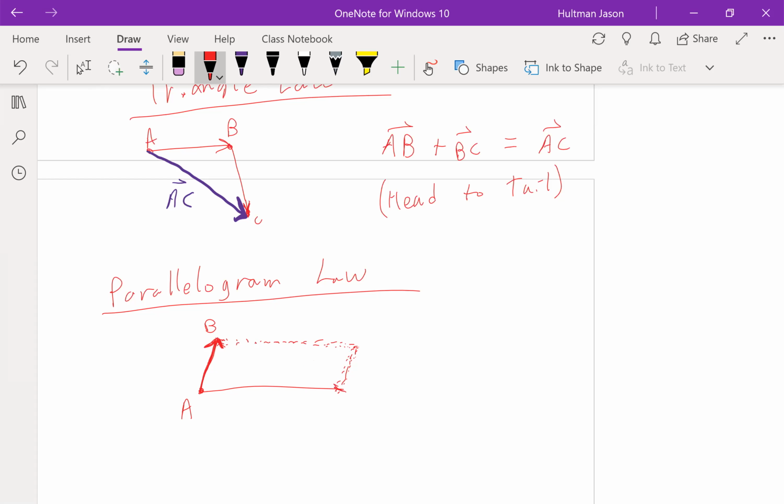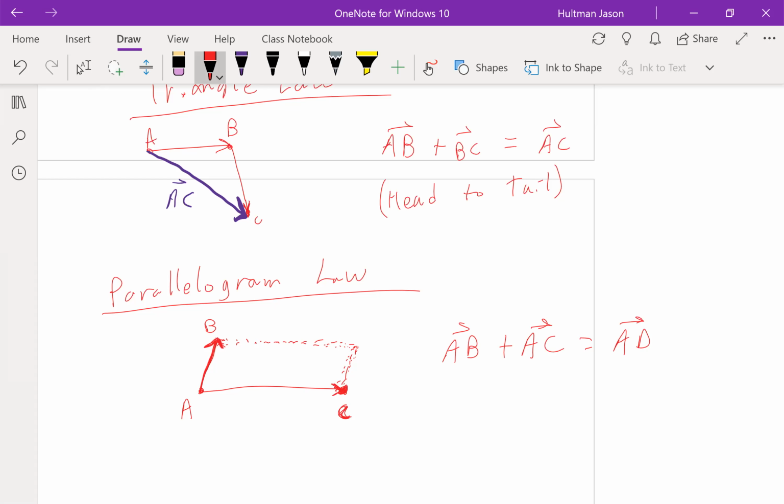This is C. So AB plus AC is equal to AD.